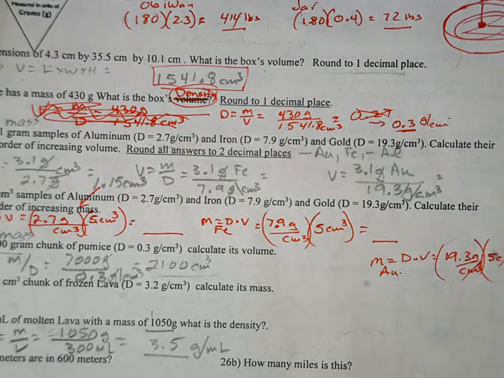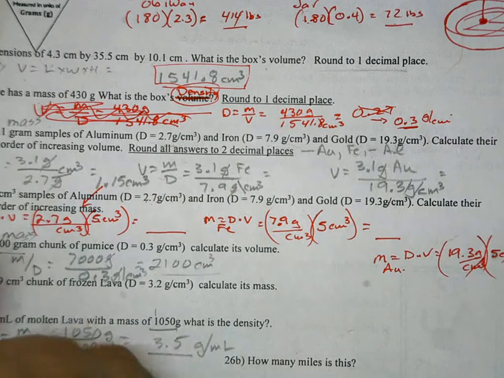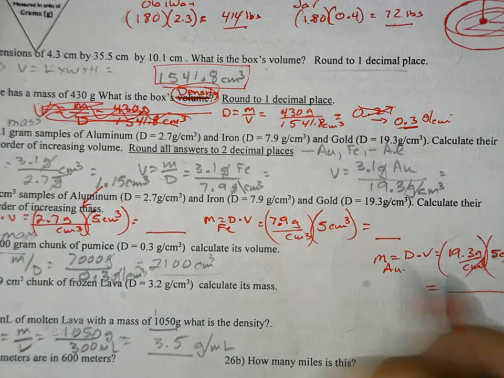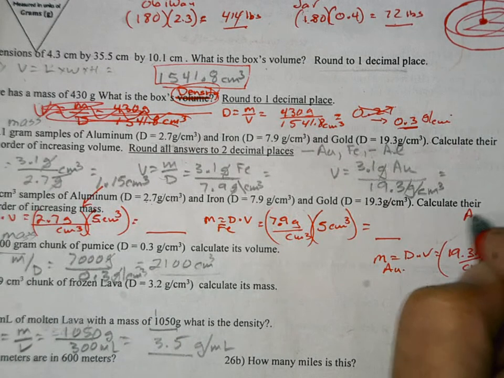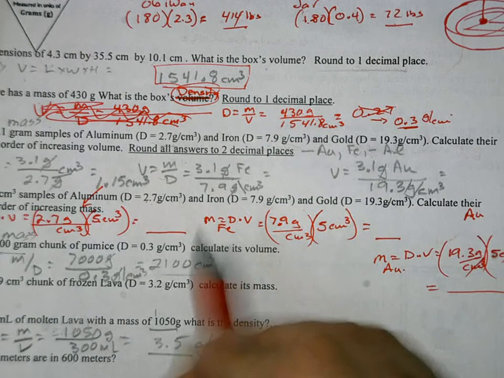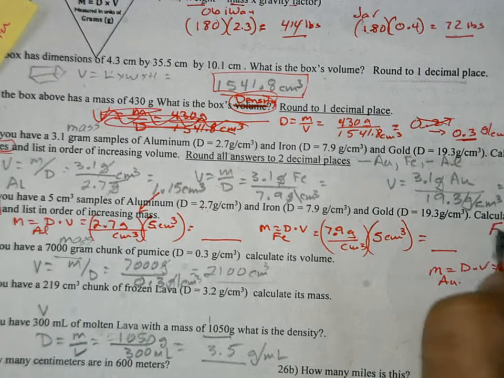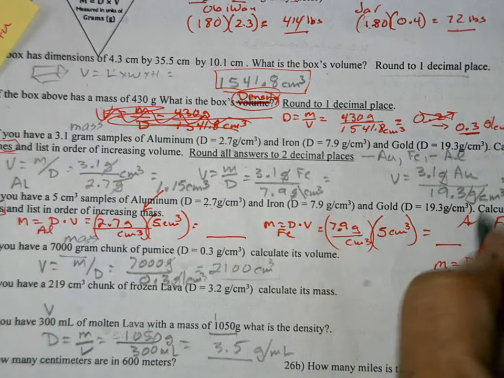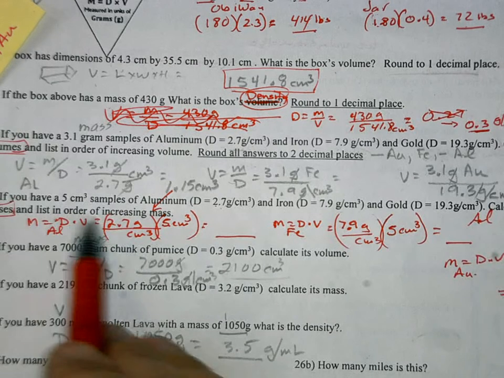So to end this question, list them in increasing mass. This was almost 100, so that's going to be the heaviest, Au. The middle weight one was going to be the iron, so I'm going to put Fe. And then the lightest one was aluminum. Let me make sure, list them in increasing mass.